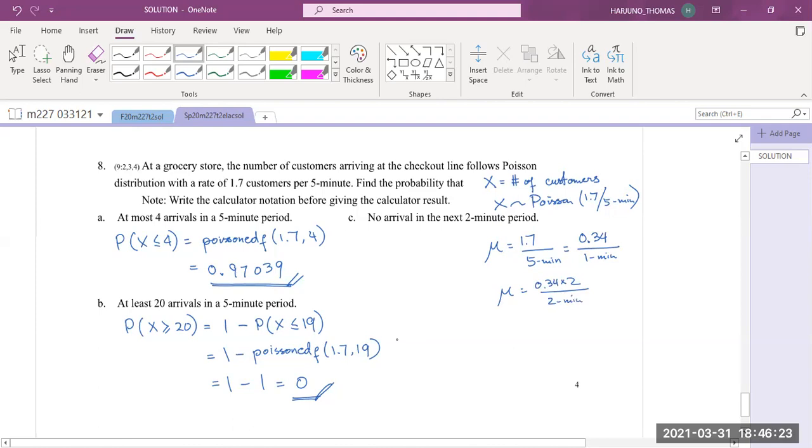So what is the probability that there is no arrival in 2 minutes? That will be the Poisson PDF, 0.34 times 2, or you can just say 0.68 right away, comma 0.